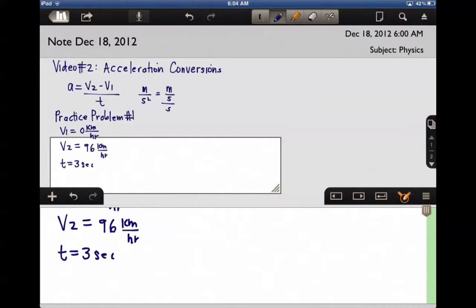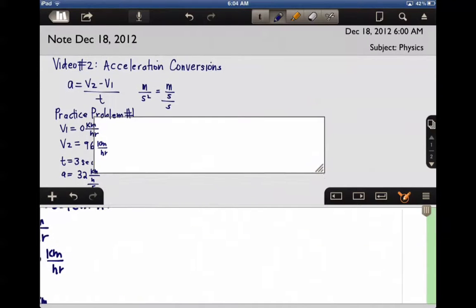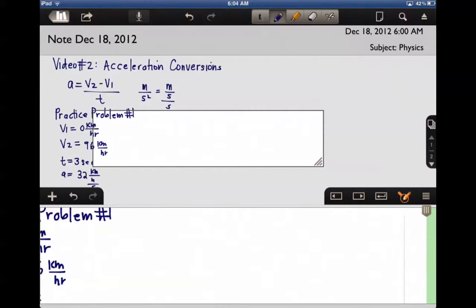And if we do this, we find that the calculation showed us that the acceleration was 96 divided by 3, so 32. And the units were kind of weird, kilometers per hour per second. So in this problem, I want us to convert kilometers per hour per second to meters per second squared.